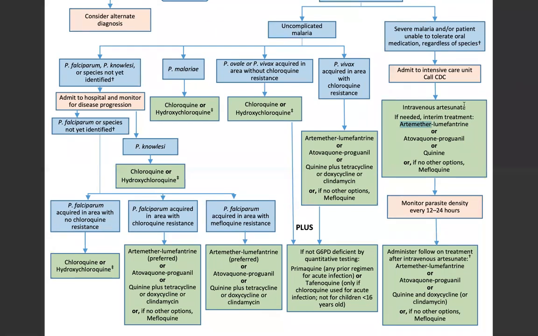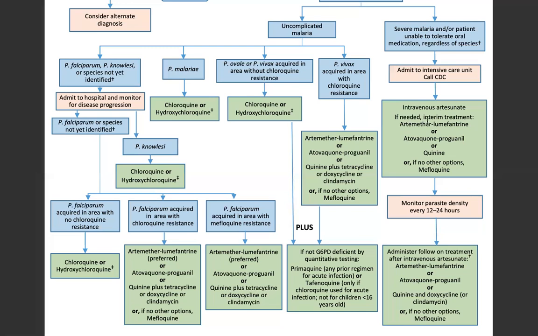So artesunate is generally given as a single drug without combination, intravenously, and if the patient is not able to tolerate or is not responsive, interim treatment should be given: artemether plus lumefantrine. This combination is approved. We will discuss the pharmacology of these drugs, artesunate and artemether-lumefantrine.